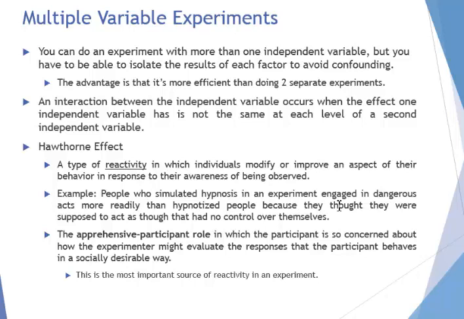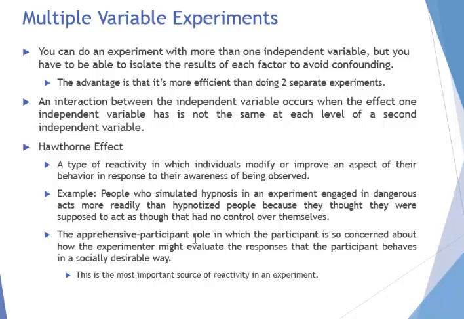Even though the person may not be 100% hypnotized, still the person either consciously or subconsciously wants to almost pretend or act hypnotized because they want the experiment to be a success, or because they think it's cool that hypnosis works, or for whatever reason. That's the danger of the Hawthorne effect, and it's really a type of reactivity where somebody reacts to the experiment in a way that kind of confounds it a little bit.